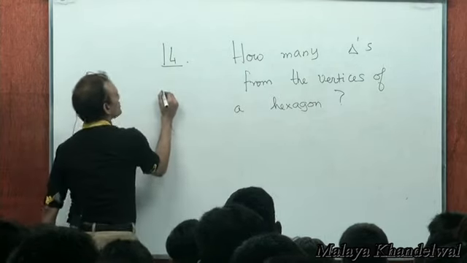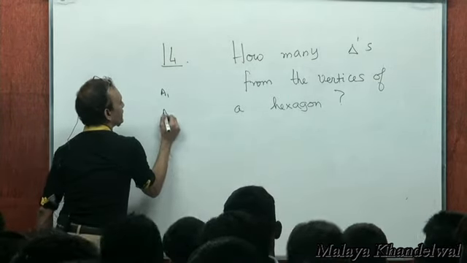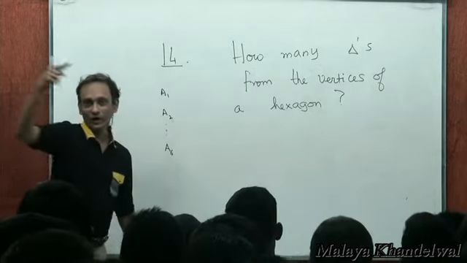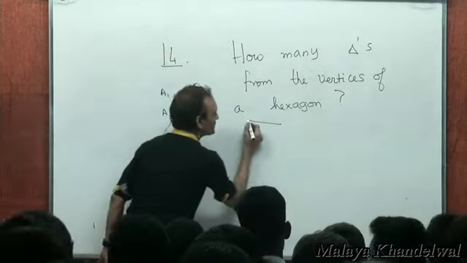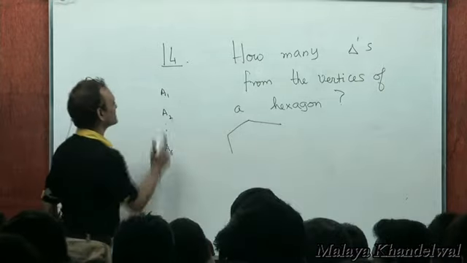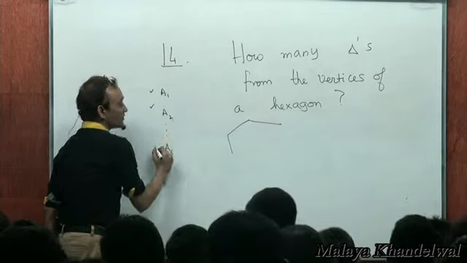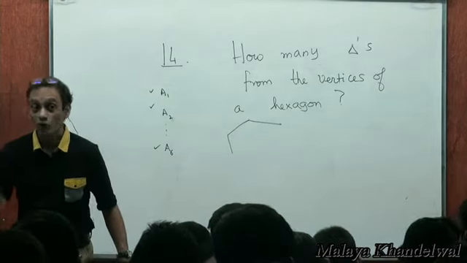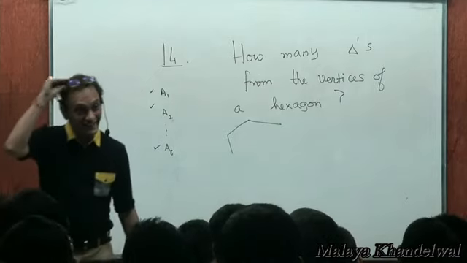See, suppose the vertices of the hexagon were A1, A2, up to A6. I'm only writing them like this. They will not appear this way, right? The hexagon would be this way, etc. I'm just writing for convenience. These are the 6 vertices of a hexagon. Don't use NPR, NCR, etc. I have not taught NPR, NCR to you. Okay?